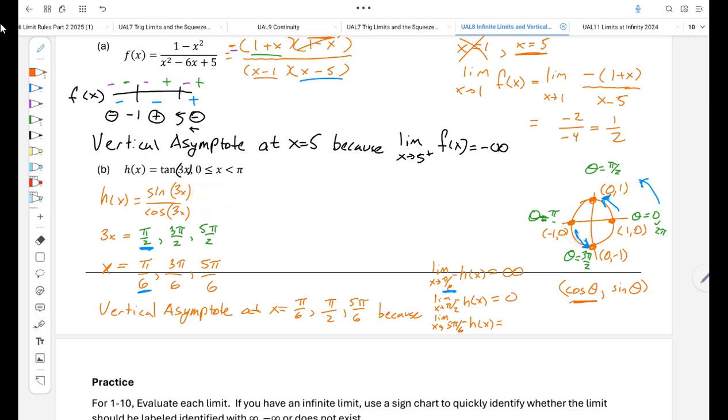That's going to give me, again, positive infinity. And here's what I think is the really nice part. 5 pi over 6, the x value, translates to 5 pi over 2, the unit circle value. But we've already done that one. It's the same question we answered for pi over 2. So that one, because it's the same spot, is also infinity.